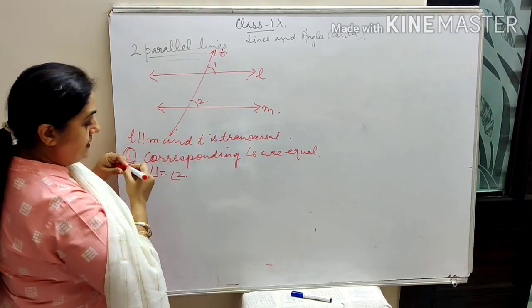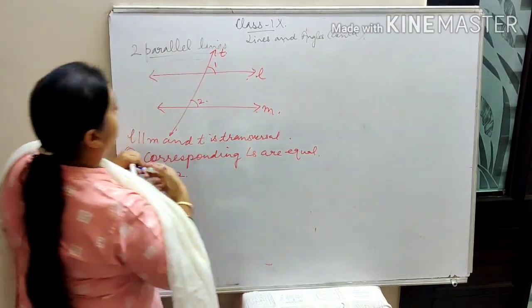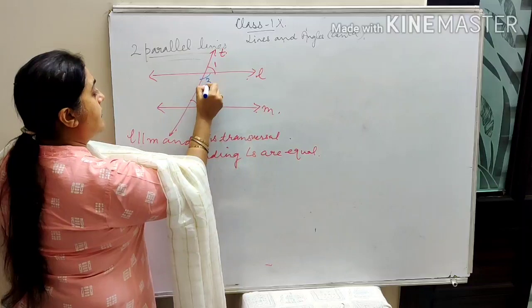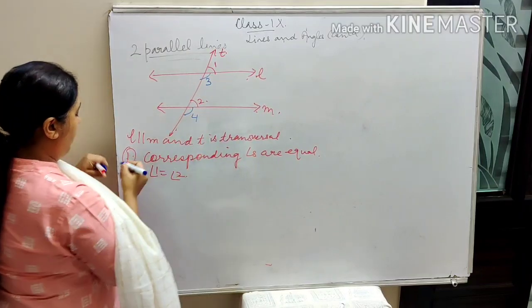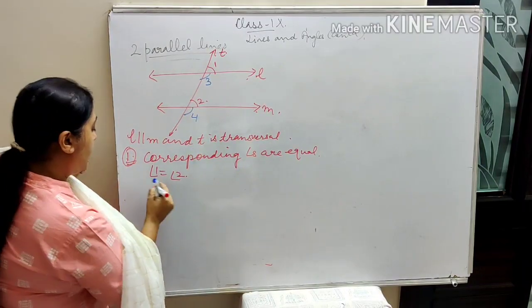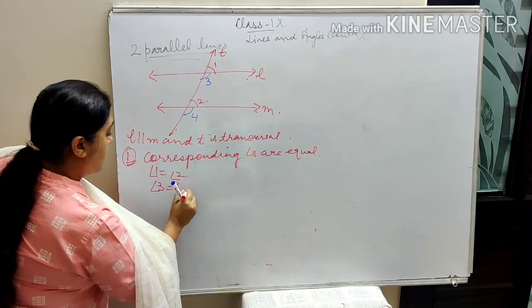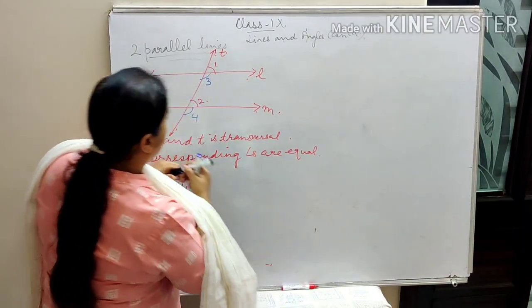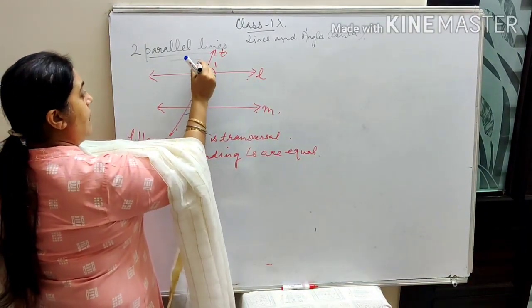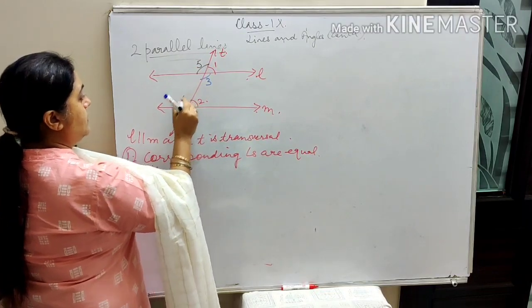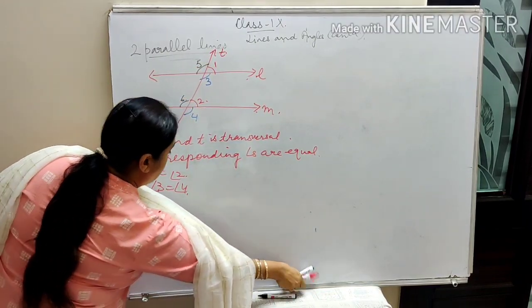Similarly, I can say this 3 is equal to 4. Corresponding angles बन रहे हैं. And similarly, I can say 5 equal to 6. Please check it out.